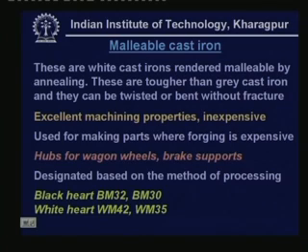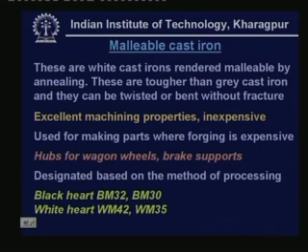Now, these types of malleable cast irons are designated depending upon the method of processing. If it is made by the black heart method, then it is designated with B for black heart, M for malleable, and 32 stands for the strength, then BM 30.